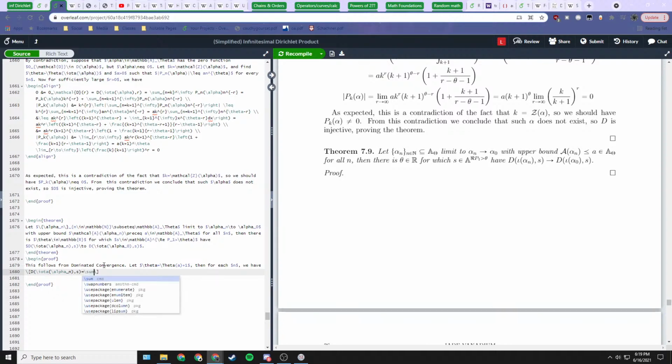This is just the summation, k equals 1 to infinity, of p sub k of alpha sub n times k to the power minus s.